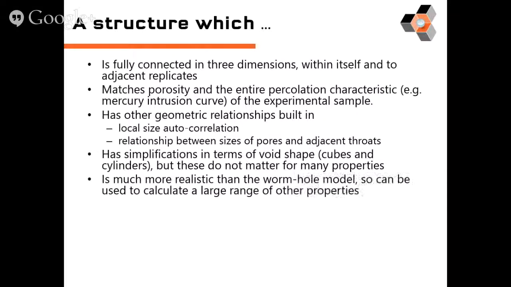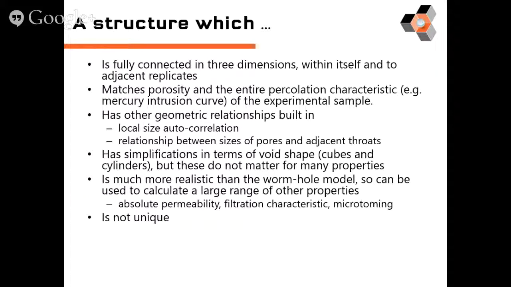It's just in terms of volumes and cross-sectional areas, and it's a much more realistic structure than the wormhole model, so it's realistic enough to be used for a large range of other properties. For example, on here we've listed absolute permeability, filtration characteristic, microtoning, many others.